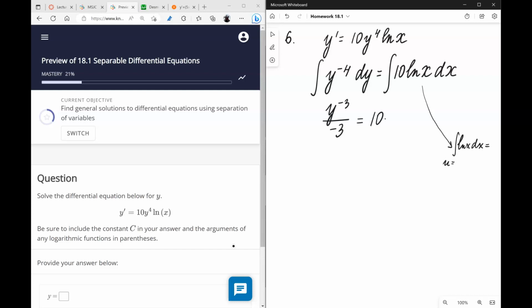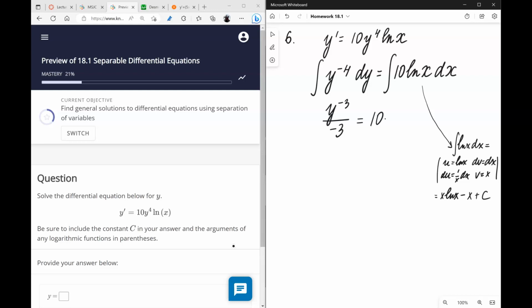So u is ln x, dv is dx, du is 1 over x dx, and v is x. I think at some point I would probably benefit from remembering this integral, but anyway, by parts. So we have x ln x minus the integral of v du, which is 1, so it's just minus x plus c.